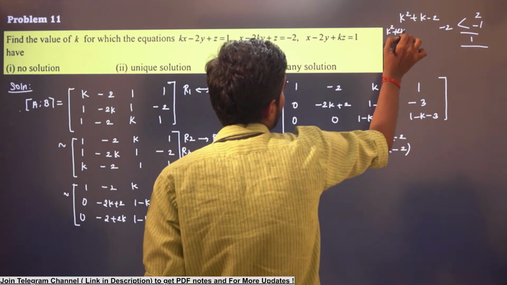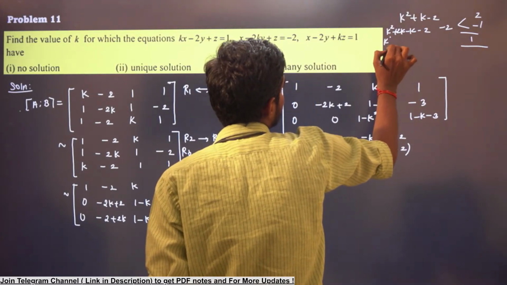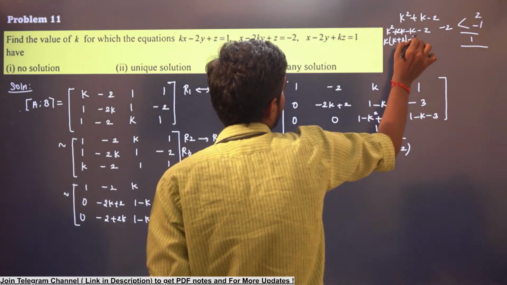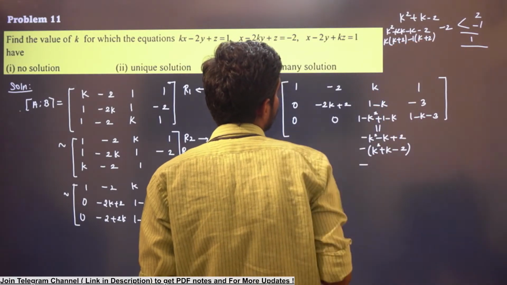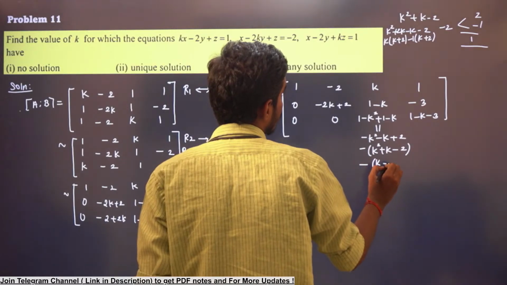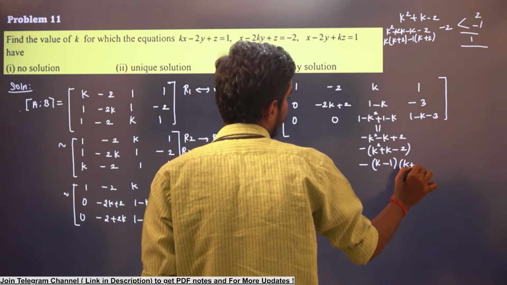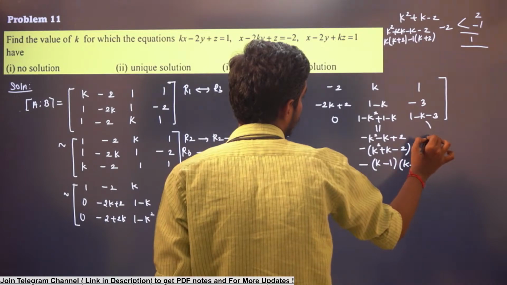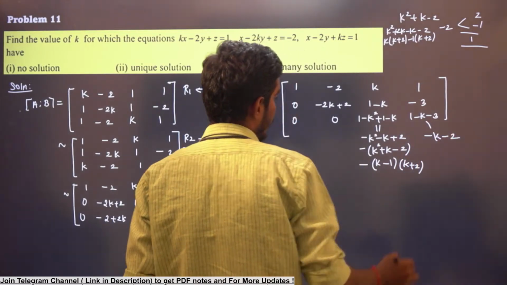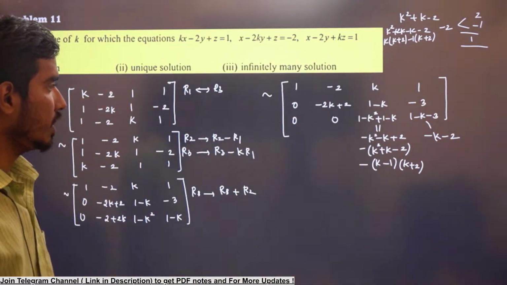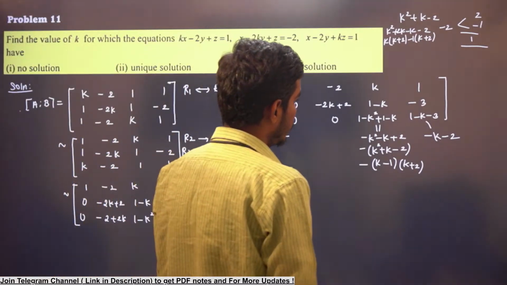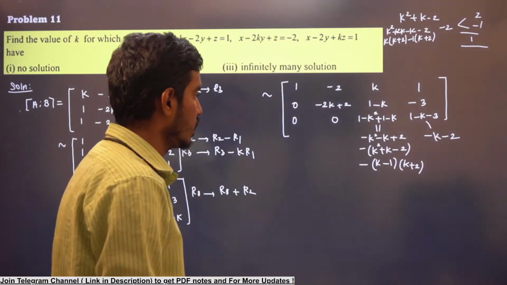So k square plus 2k minus k minus 2. Take k outside: k plus 2, minus 1 times k plus 2. So the factorization is k minus 1 times k plus 2, and this becomes minus k minus 2.